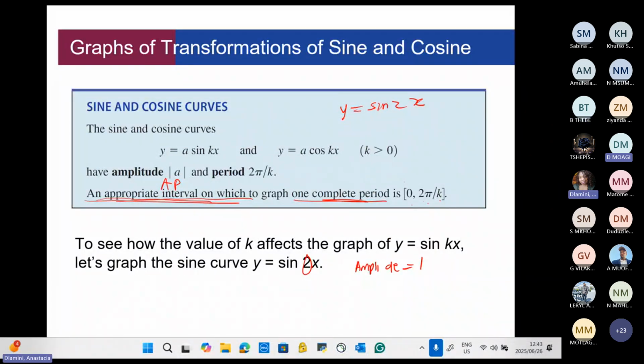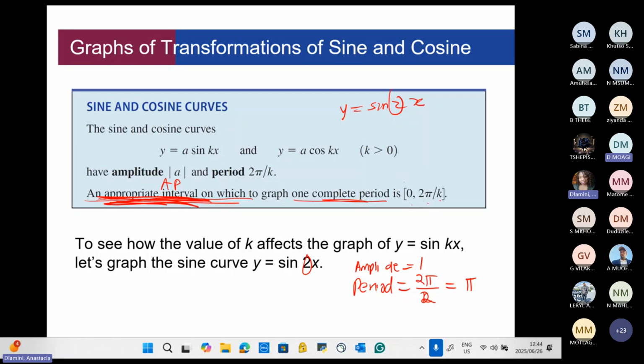And then you say period. Your period is 2 pi over k, in this case k is 2, so this equals pi. Then you say an appropriate interval for one complete period, AP. But write it out, because my markers don't know that in class we said it's an AP.